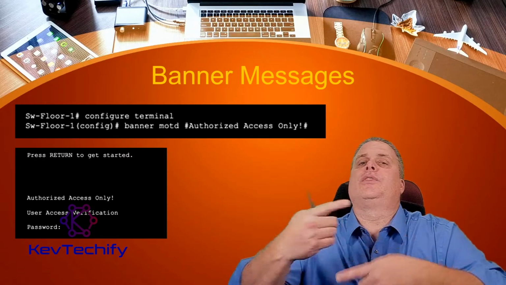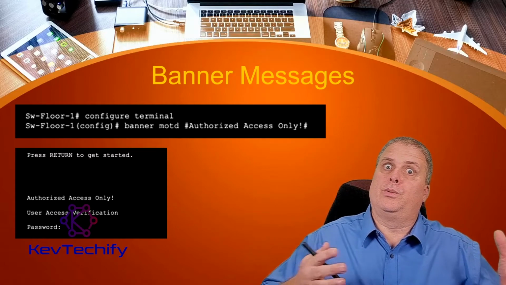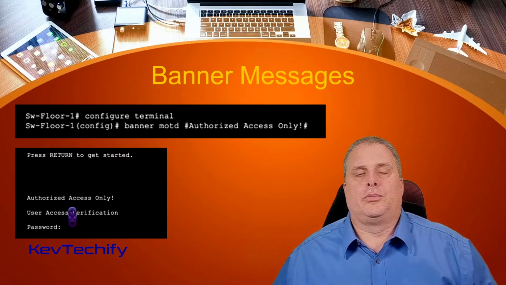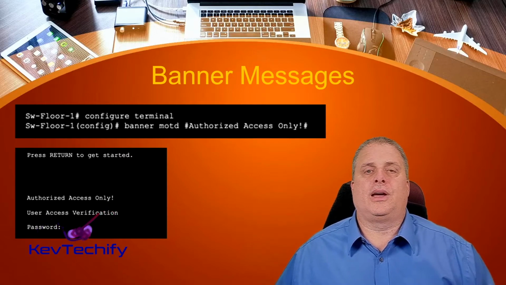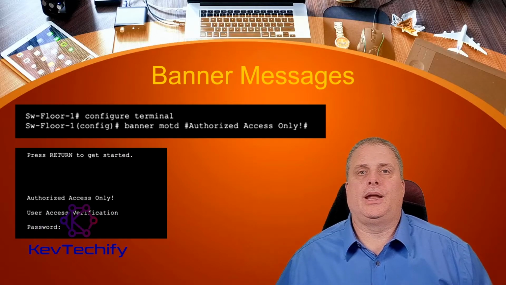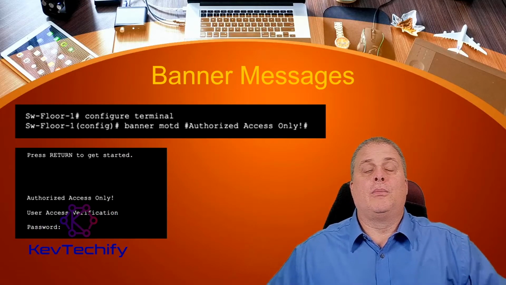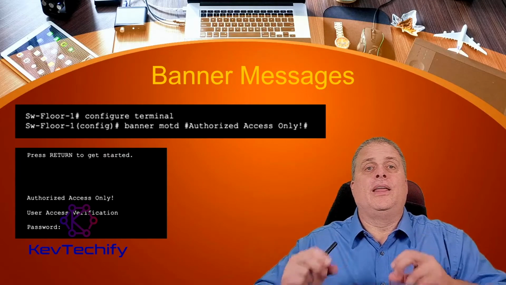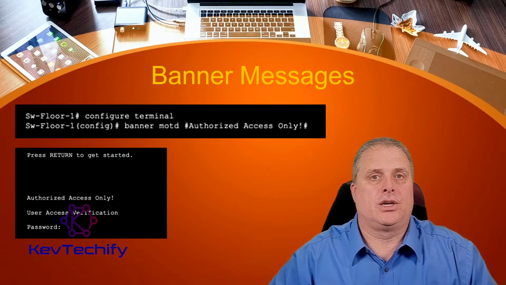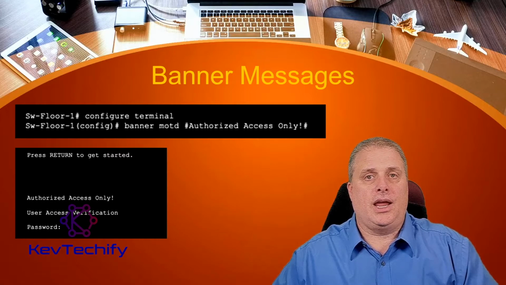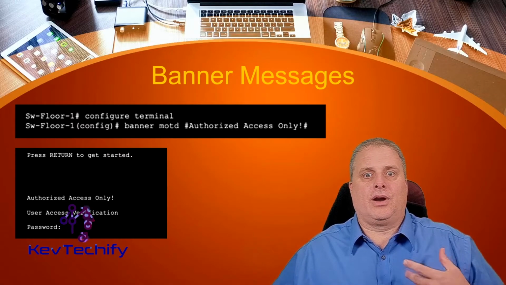Needless to say, Microsoft in the next day or two, back in the early 1990s, Windows 3.1, came out with a patch that allowed you to change that banner message of the day. It then said, authorized access only.